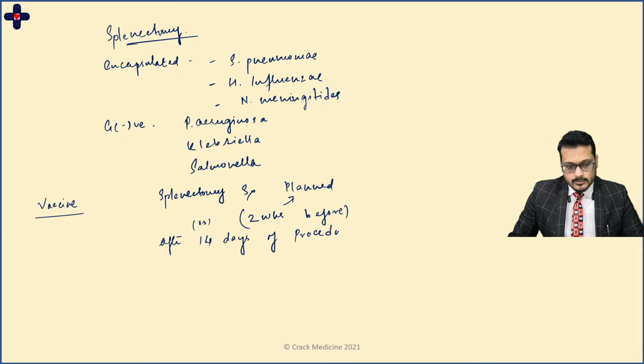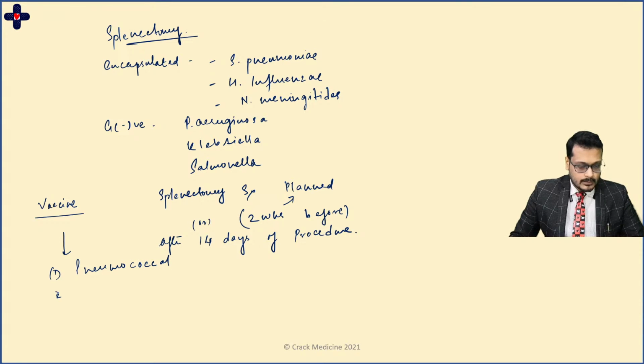Okay, and what all vaccines you will give, few you should know and remember. First one will be pneumococcal vaccine in that order: the H influenza type B, Hib, and you have influenza vaccine also, seasonal, and meningococcal C.